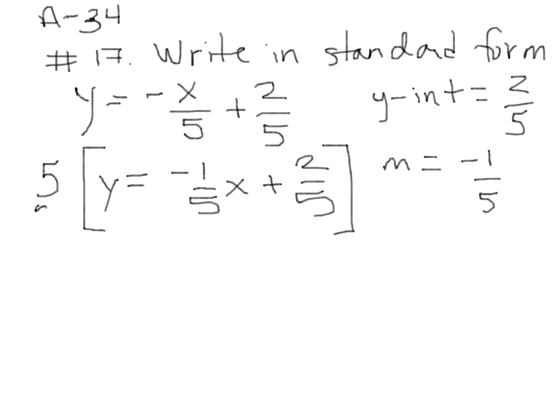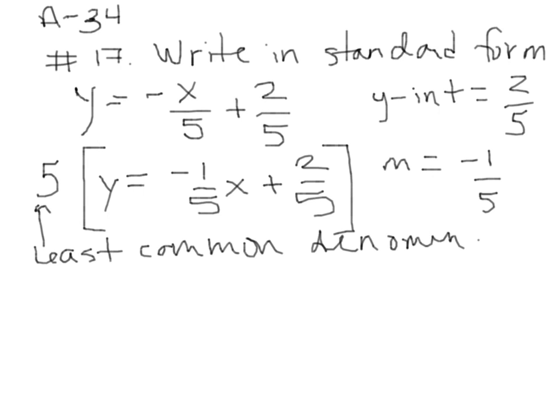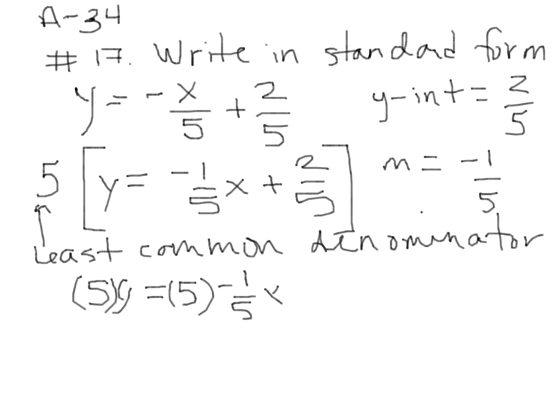Now 5 here would be my least common denominator. So when I do that, I'm going to get 5 times y is equal to 5 times negative 1/5 x plus 5 times 2/5.